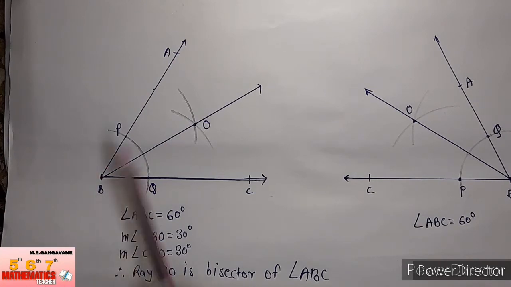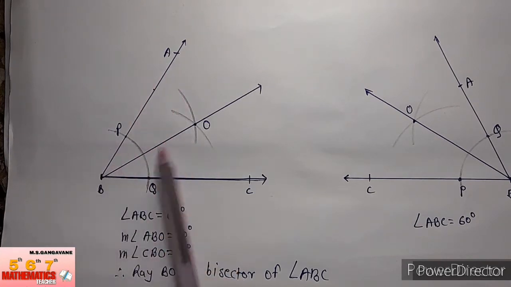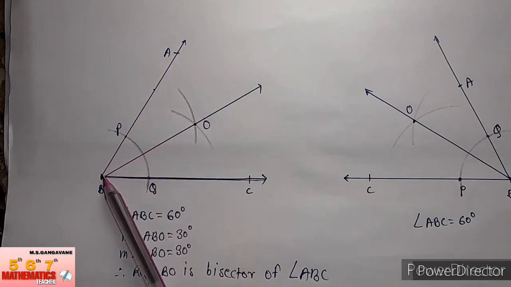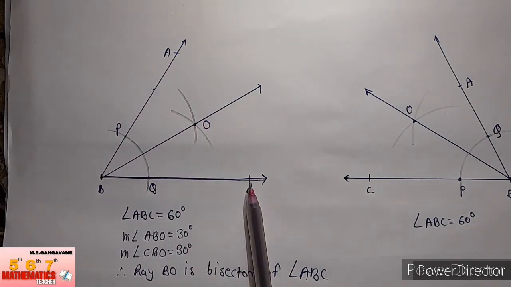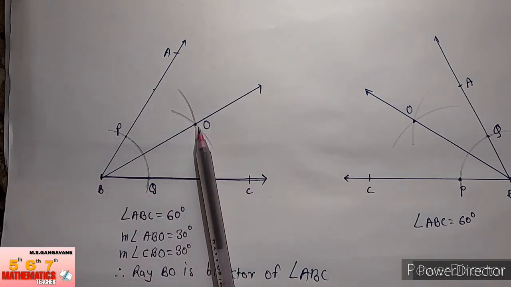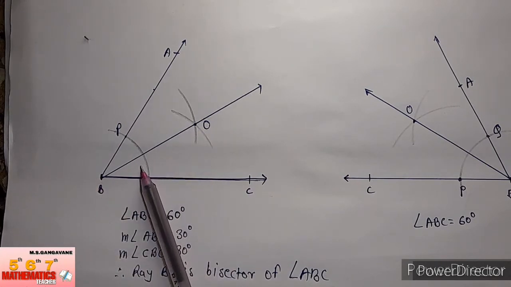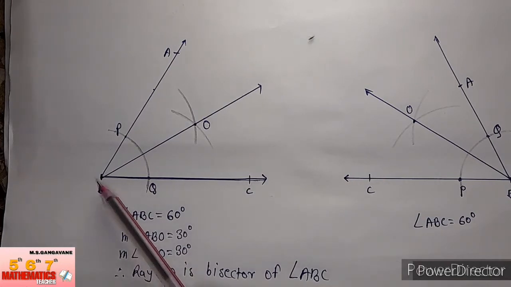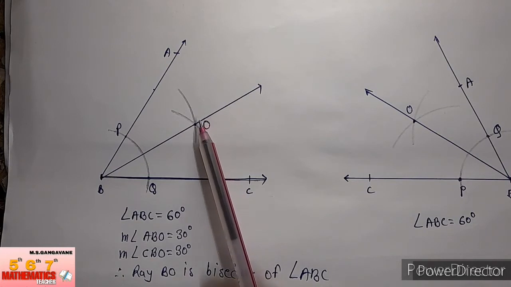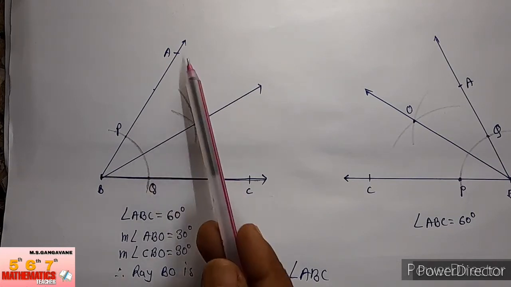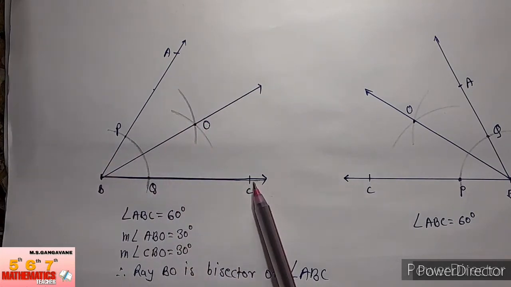Listen again. Look, angle ABO is equal to 30 degree. Angle CBO is equal to these angles also 30 degree. It means ray BO is bisector of angle ABC.